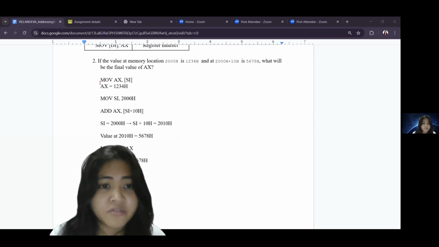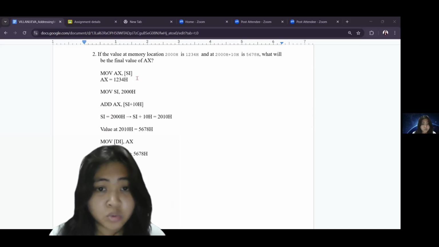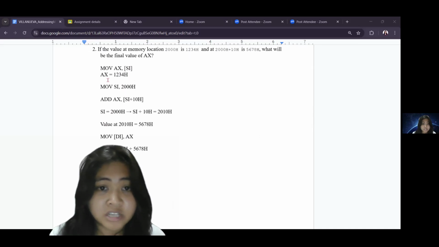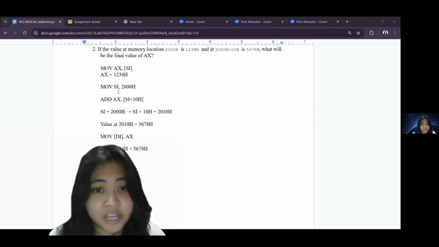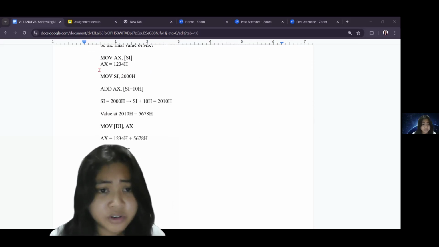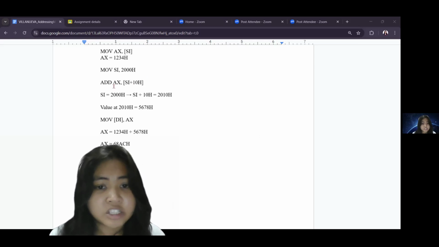Line 1, mov AX, comma, bracket SI points to 2000H. So AX gets the value at 2000, which is 1234H. AX equals 1234H. For line 2, mov SI, comma, 2000H. SI is set to 2000H. For line 3, add AX, comma, bracket SI plus 10H.